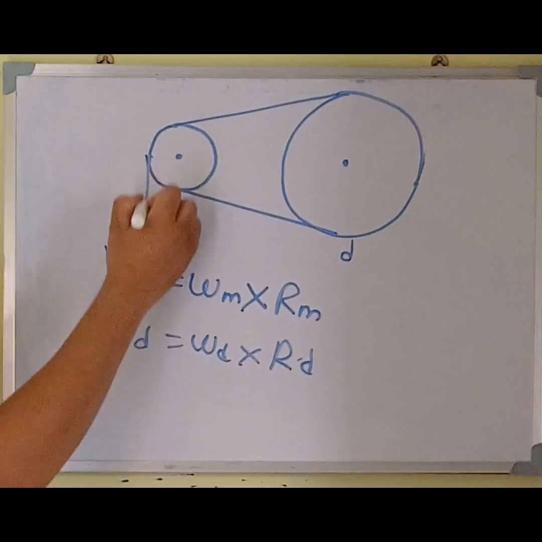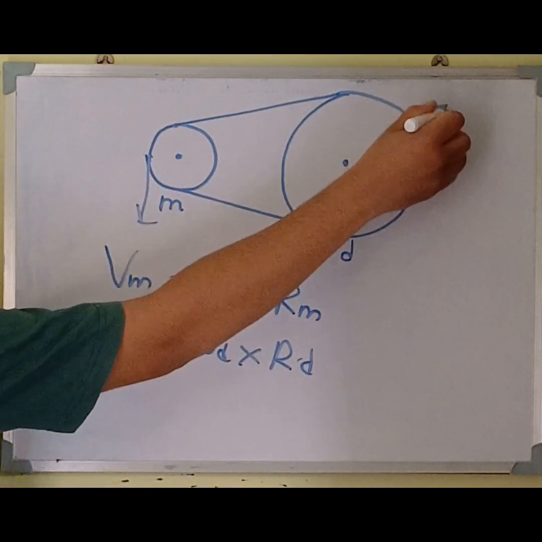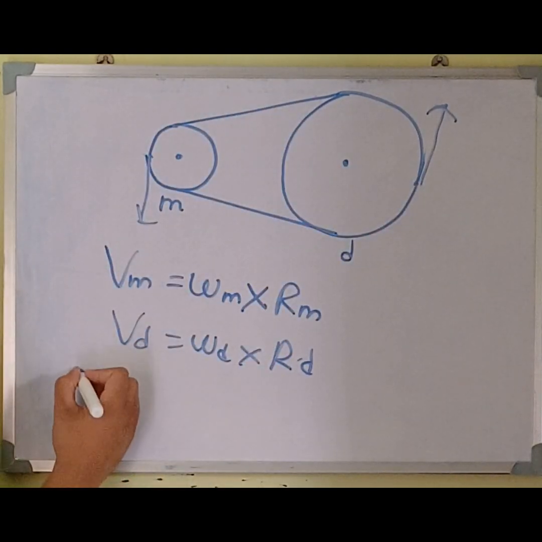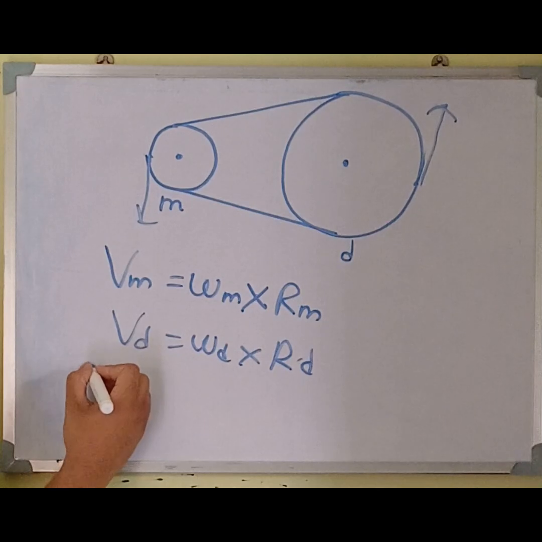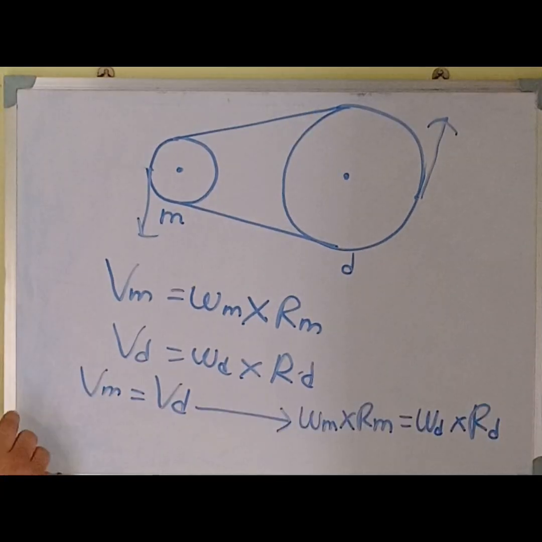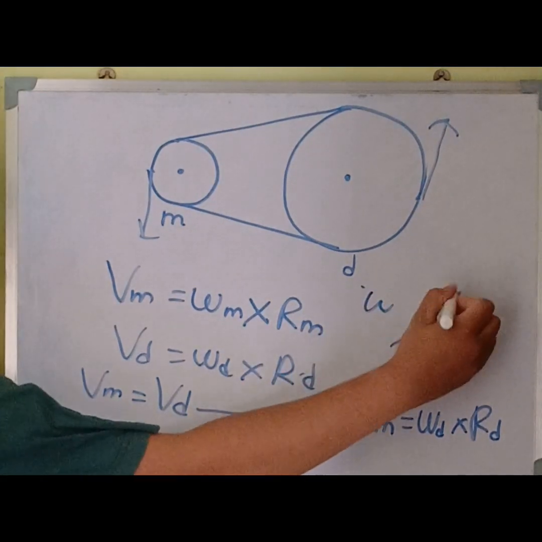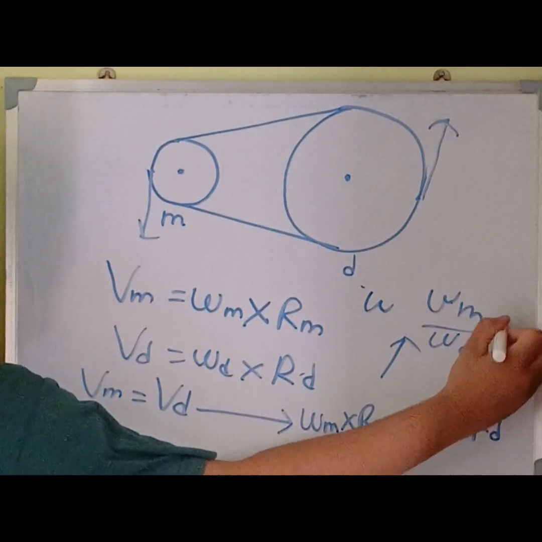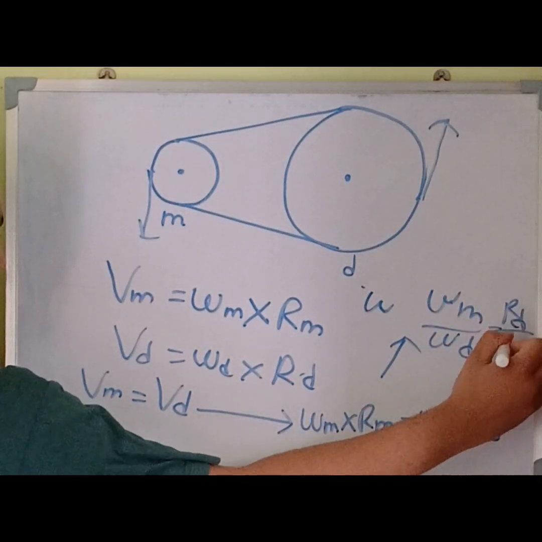We had previously proved that the tangential velocity for both the wheels is the same, right? That means Vm equals Vd. Further solving the equation, we get omega m into Rm equals omega d into Rd. So we come to the ultimate formula: omega m by omega d equals Rd by Rm.